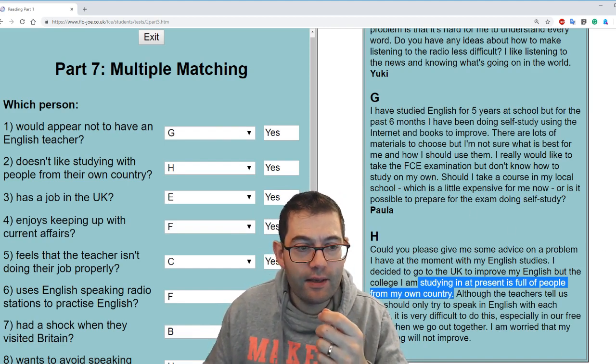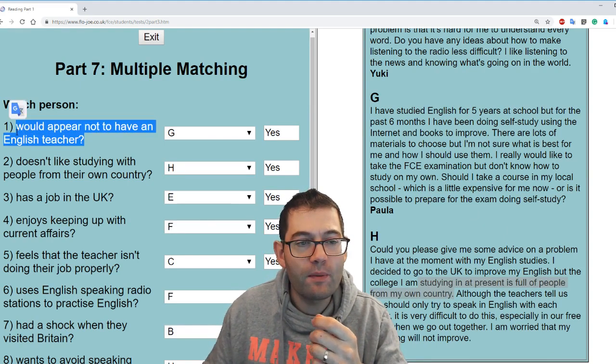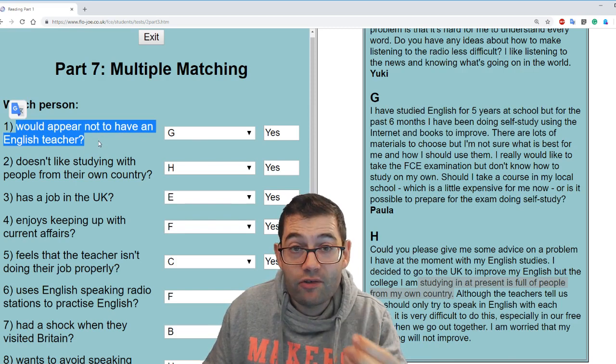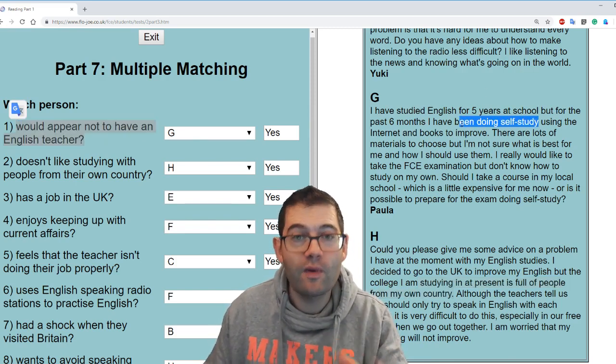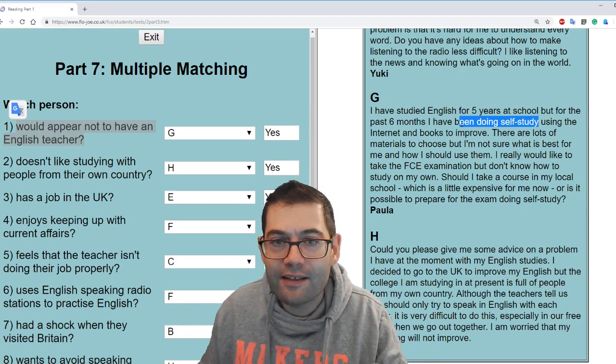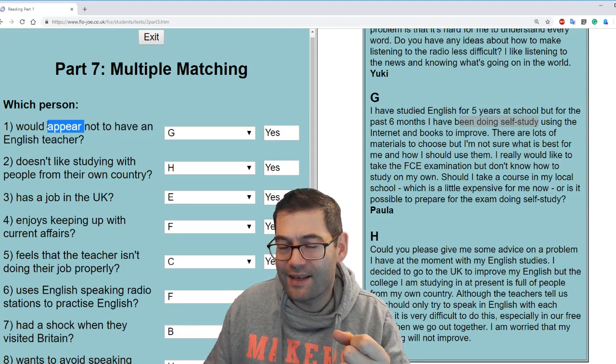For question number 1, hang on a second, let me find my arrow, there it is. Which person would appear not to have an English teacher? Straight away for G, we said this person's self-studying. So we've got the answer in half a second. And it's important here because 'would appear' is important.